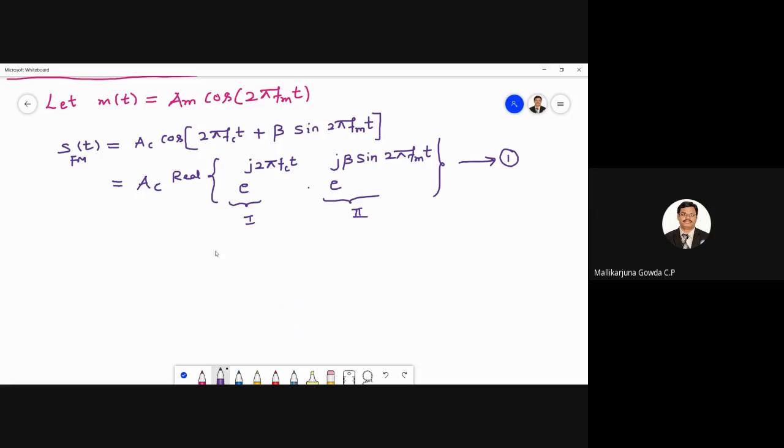So I was telling, e power j beta sine 2 pi fmt is a periodic signal with period equal to 1 by fm.